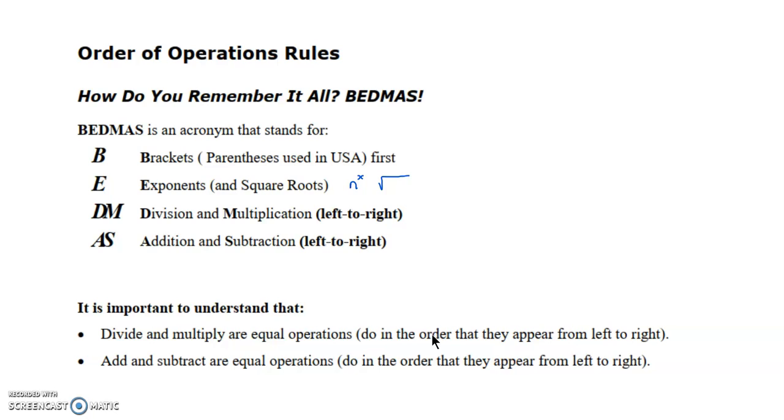So if you have them both, you work left to right. And the same with addition and subtraction. You work them left to right if you have both of those operations. So remember, dividing and multiplying are equal operations, and addition and subtraction are equal operations.